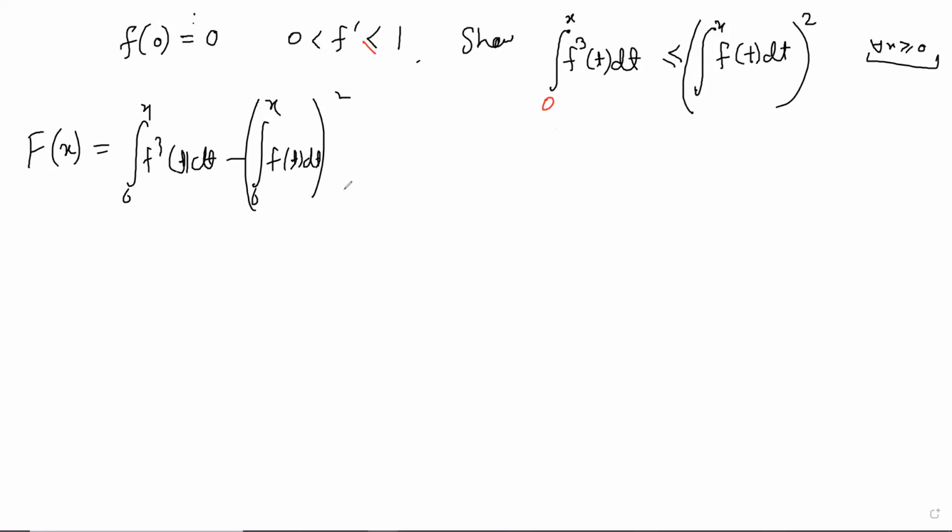You consider this function, and you know that f(0) is 0, right? And you want to show that f(x) is less than... maybe I should have taken the other way, but it doesn't matter. Let me just take the other way. You want to show that f(x) is bigger than 0 for all x.